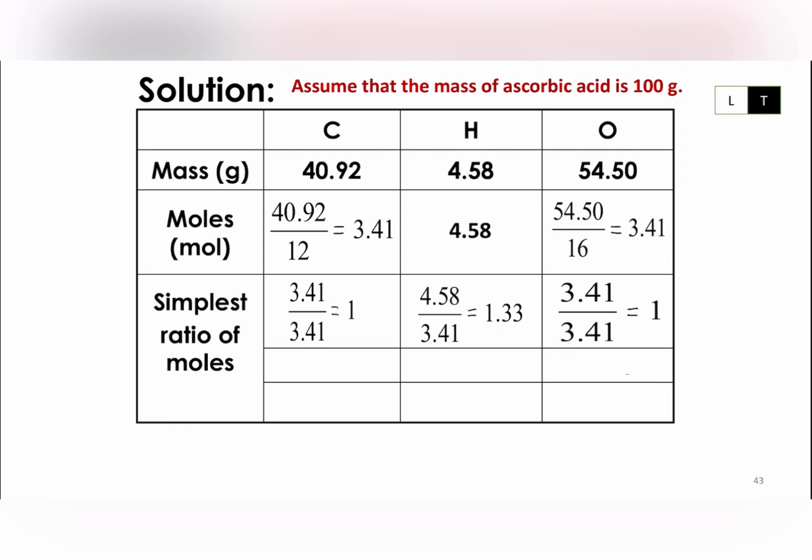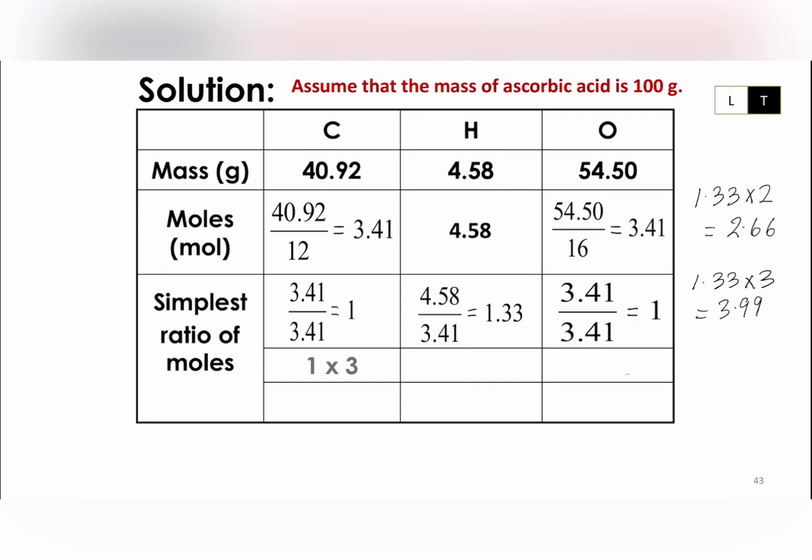If I calculate 1.33 times 2, I will have 2.66. It's quite far to round off as 3. So that's why we cannot choose factor 2. I'm going to choose 1.33 times 3. So I will have 3.99. This one is the most suitable.